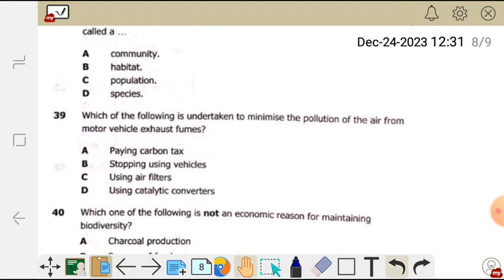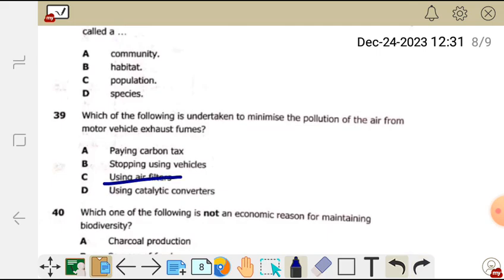Question 39. Which of the following is undertaken to minimize the pollution of the air from motor vehicle exhaust fumes? A, paying carbon tax, B, stopping using vehicles, C, using air filters, and D, using catalytic converters. Okay, so you use catalytic converters to minimize pollution.